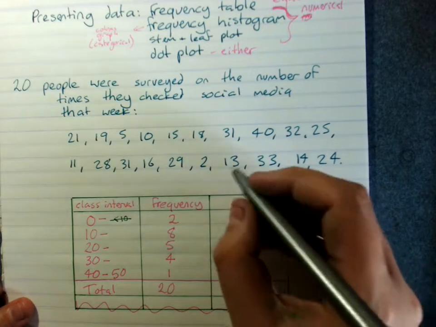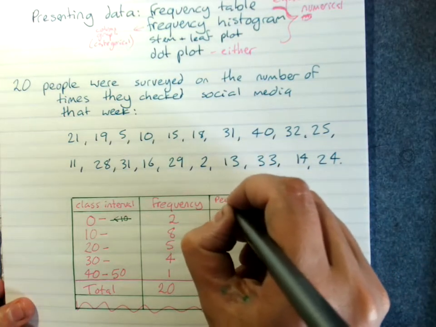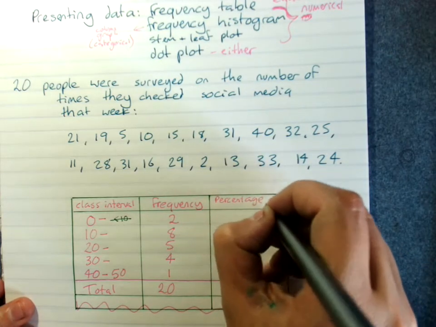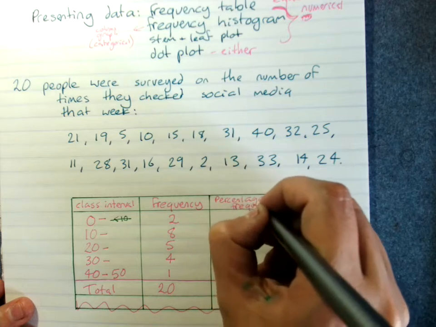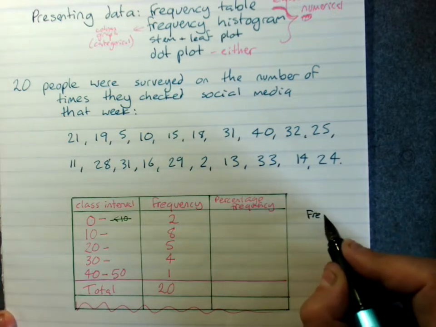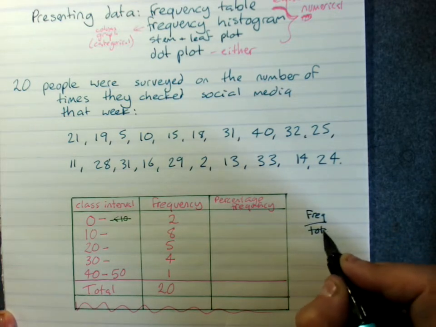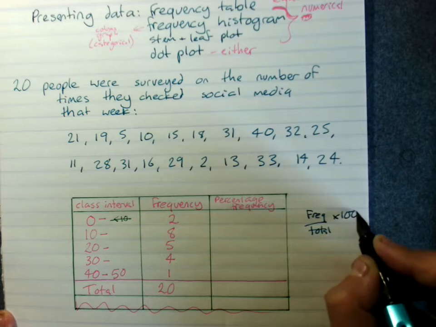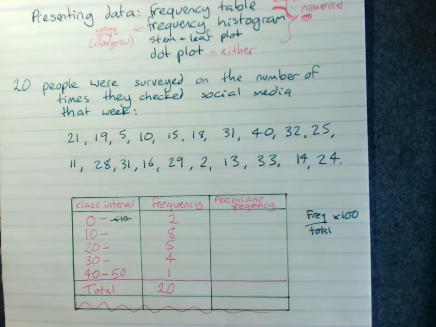We might also have to use percentage frequency. And that is just the frequency out of the total represented as a percentage by multiplying by 100.